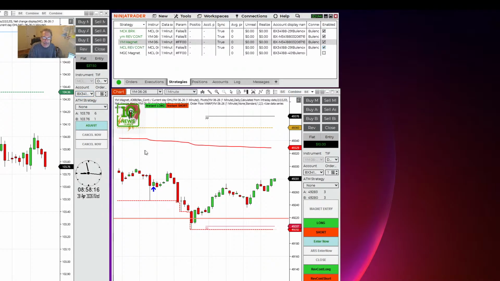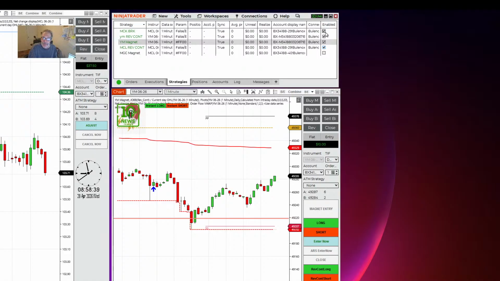All right, I'll clean everything up after oil opens. I can take an MCL long or short using our instant long or short buttons, but I'm not going to do anything on oil at the moment until the open is done. Right now, the open is a minute and a half away.